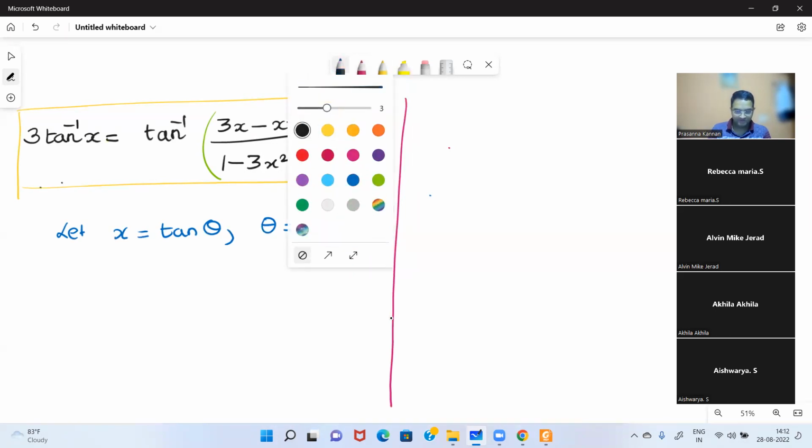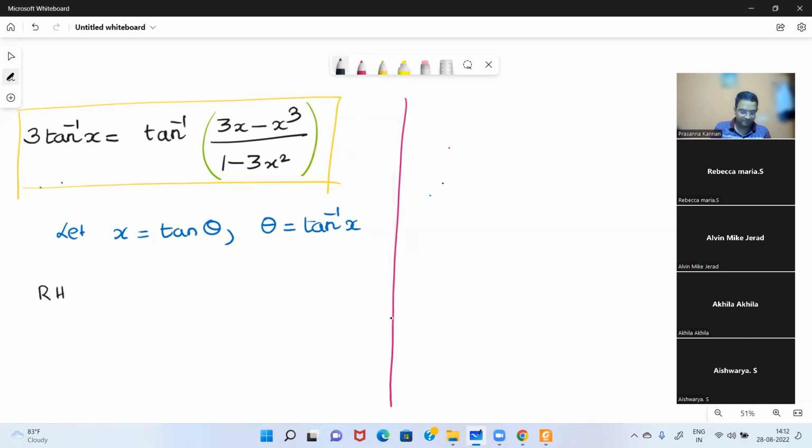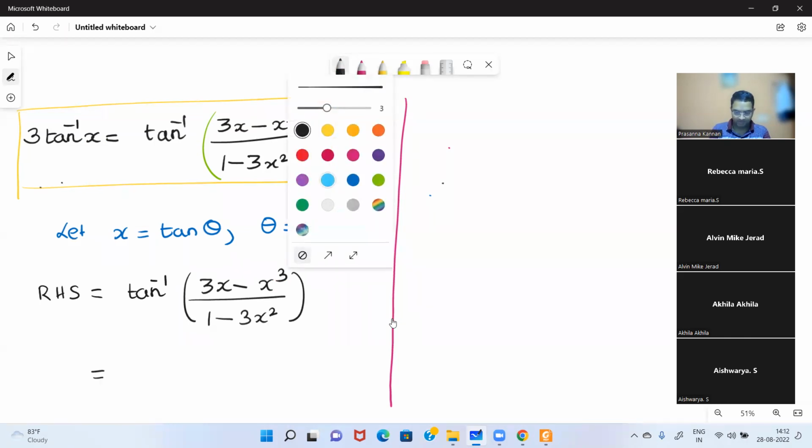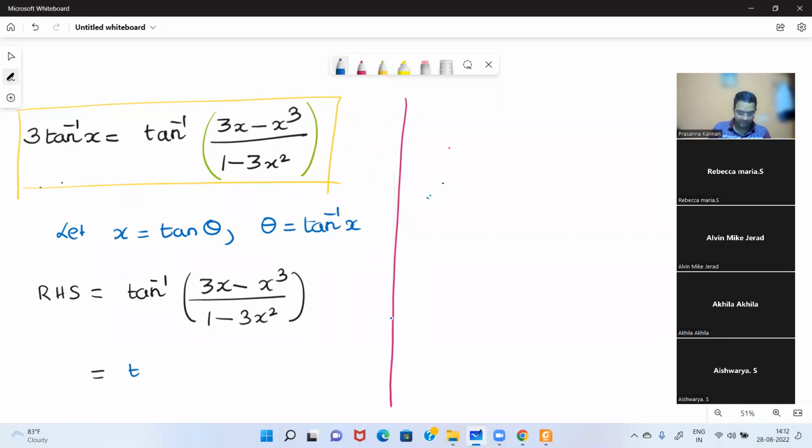Again, we'll take RHS. So we have tan inverse of 3x minus x cubed divided by 1 minus 3x squared. So this will be nothing but tan inverse of 3 into what is x?